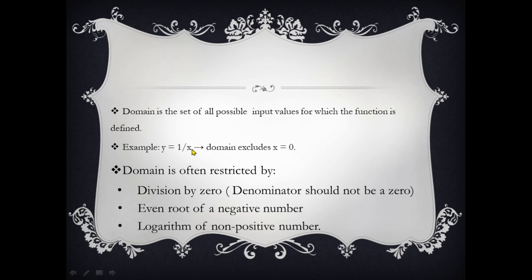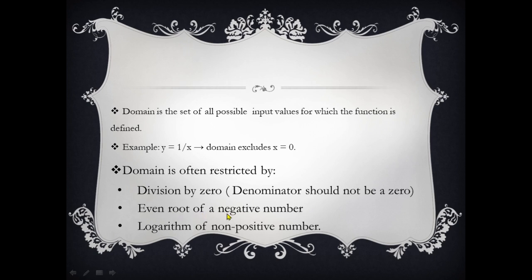So the domain is restricted by division by 0, and also by even roots of negative numbers. If the term under the square root is a negative number, the square root will be a complex, imaginary number, and it should be a real number.